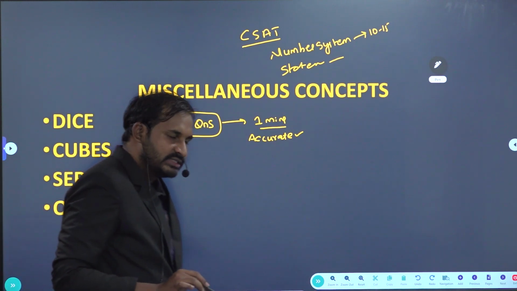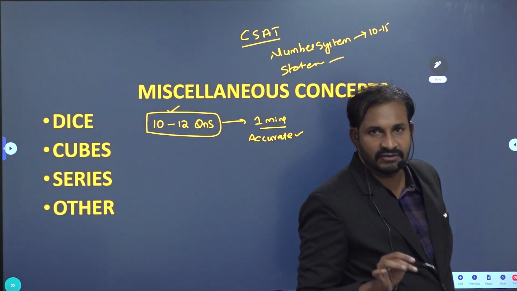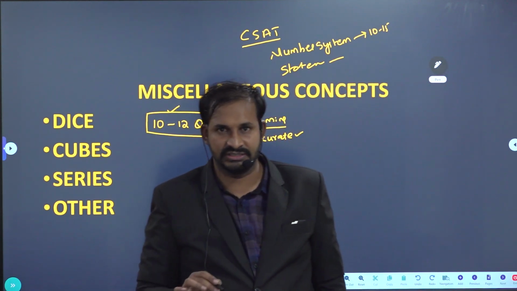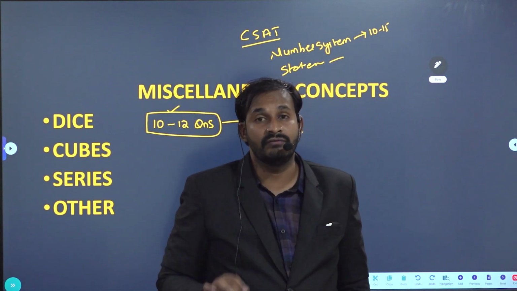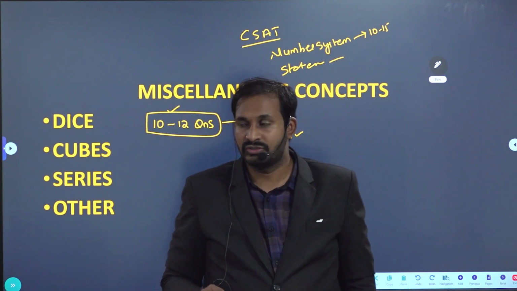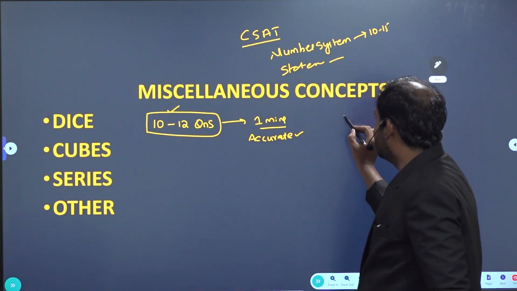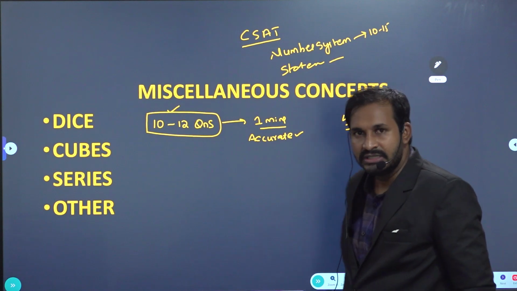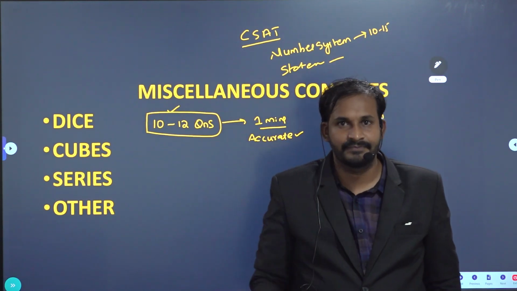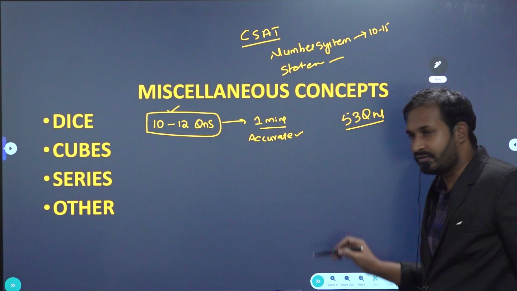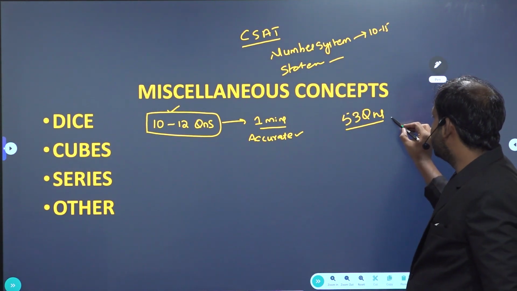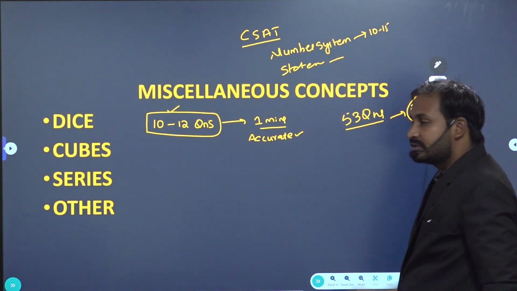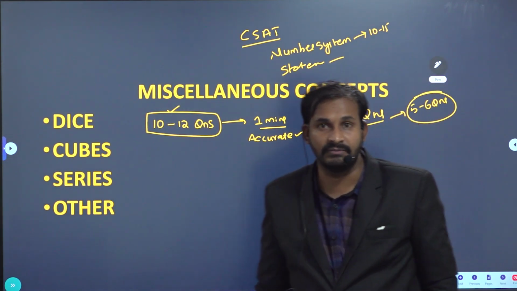Why? Because see students, in our paper there are certain concepts that, if you start solving those questions, will take around 10 to 15 minutes. As we discussed earlier, around 53 questions were asked from our CSAT quantitative portion. Out of those 53 questions, definitely there will be some 5 to 6 questions which will take around 10 to 15 minutes to solve.